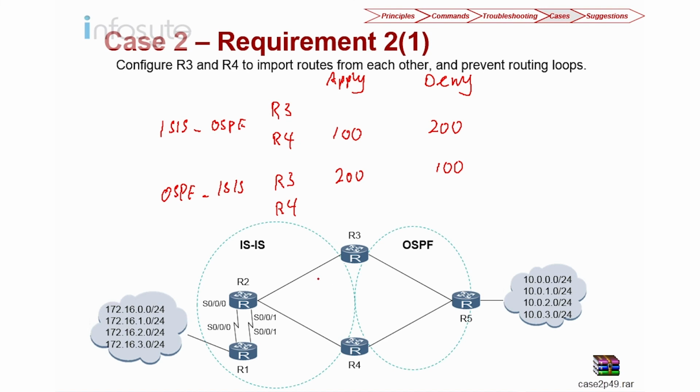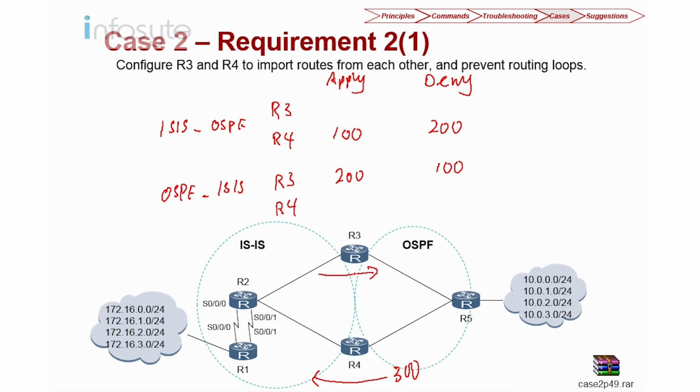Next, let's say I'm going to have the Ospf to ISIS the other way around. Okay, Ospf into ISIS, I'm going to use a 300. And when I go in, I have 300.